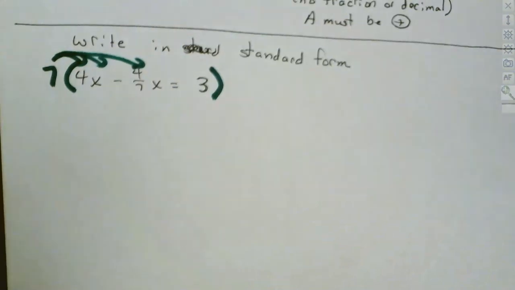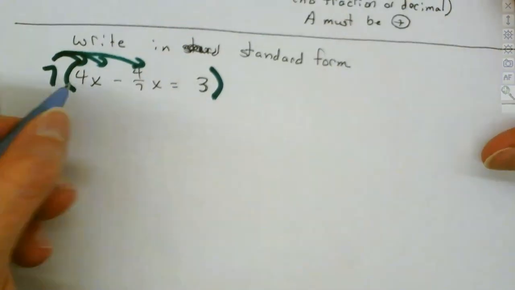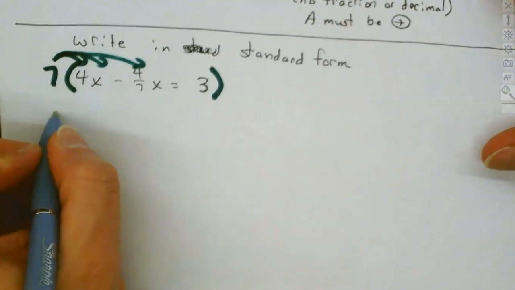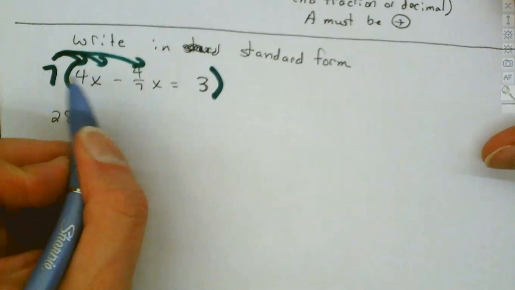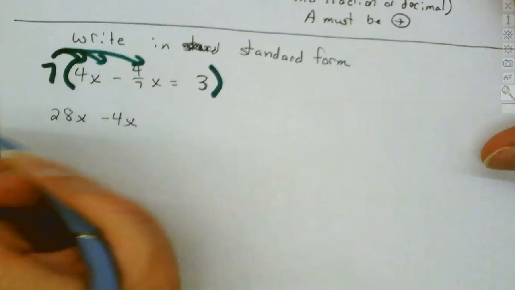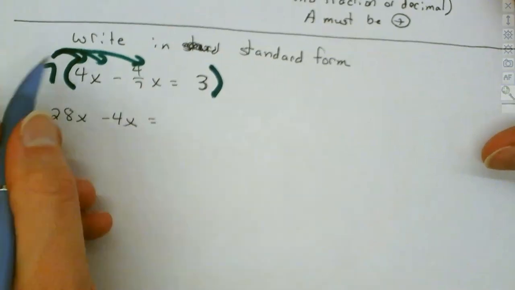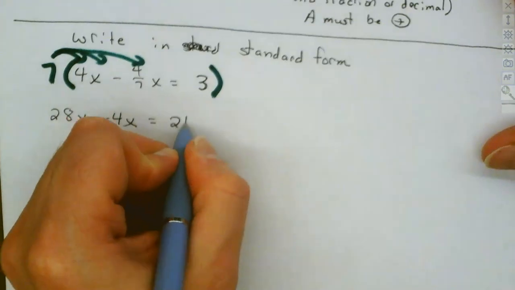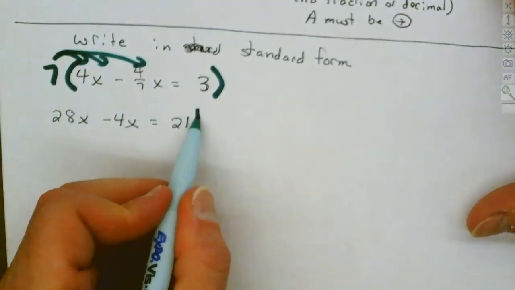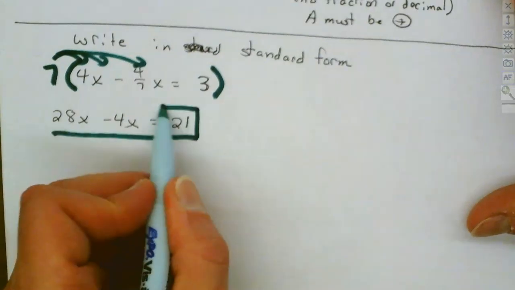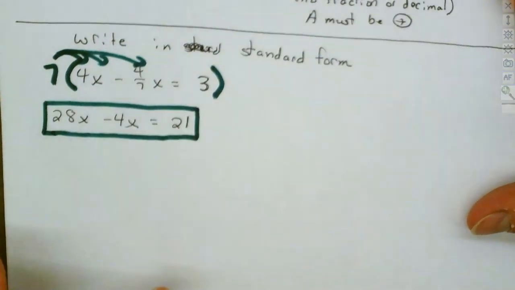So 7 times 4, we multiply it through here. 7 times 4 makes it a 28x. The 7 and the 7s cancel out. That leaves you with a minus 4. And 7 times 3, that makes that now a 21. Is that in standard form? Yes, it is.